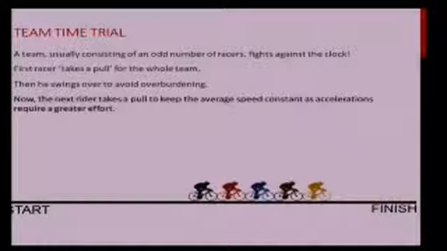They move forward. What is really important here is also avoidance of change of speed, because for those people who have ever ridden in a peloton, in a group, it is quite difficult. When the first racer slows down, everybody in the team needs to slow down.